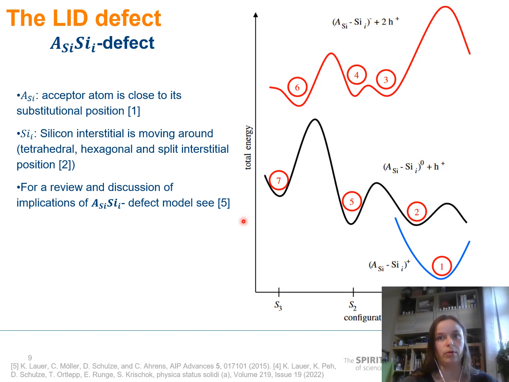Look at the diagram to understand the ICMSN defect. Here, AZ stands for the substitutional acceptor at the lattice position of a silicon atom, in our case indium. The defect partner silicon is on an interstitial position, SEI.